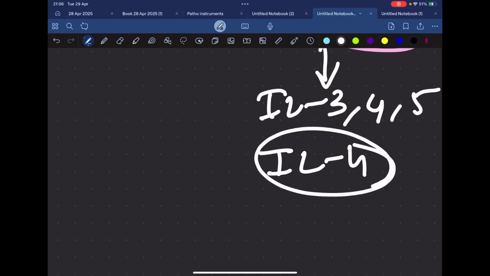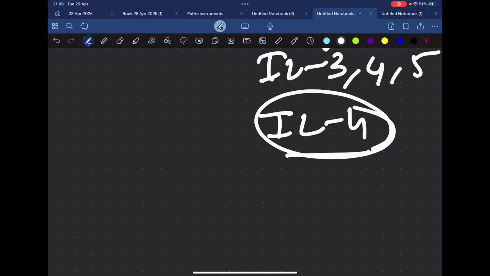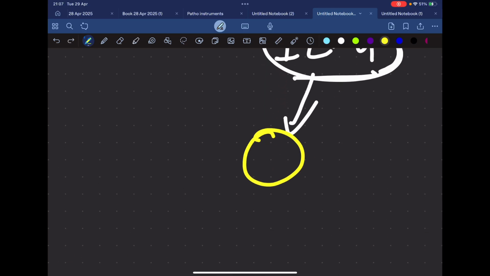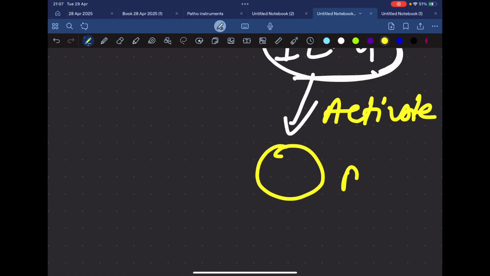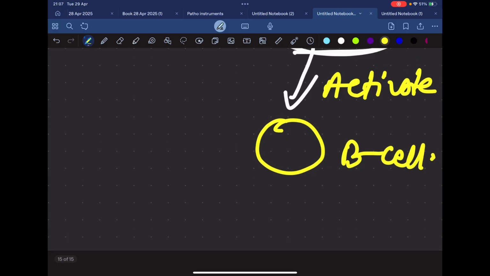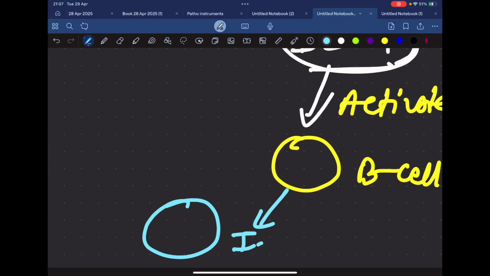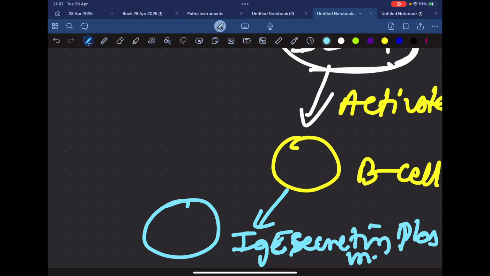This interleukin 4 is going to activate the B cell. This B cell in turn activates the IgE secreting plasma cell.